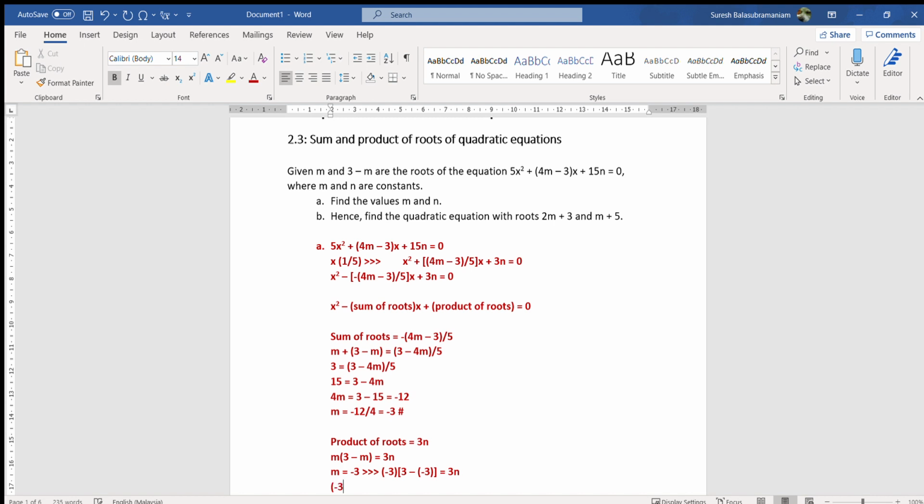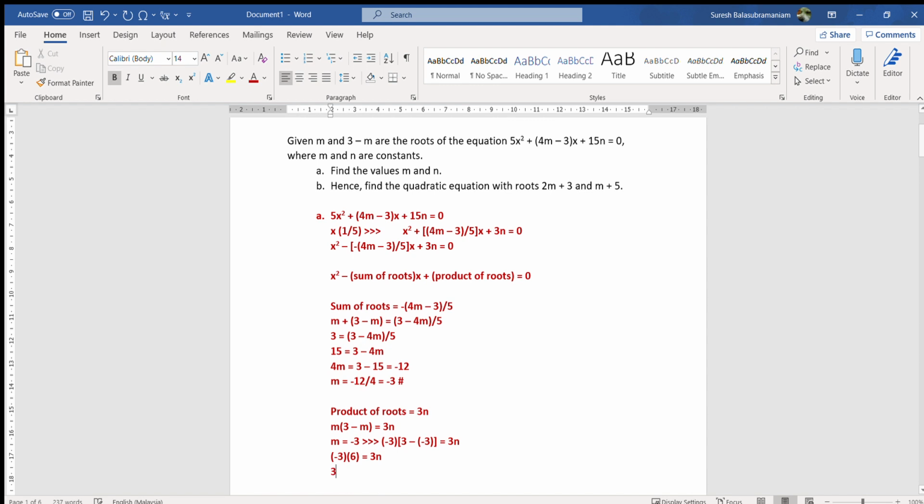Negative 3 times (3 plus 3), and 3 plus 3 is 6, equals 3n. So 3n equals negative 18, n equals negative 18 over 3, and that results in negative 6. That is the answer for n.